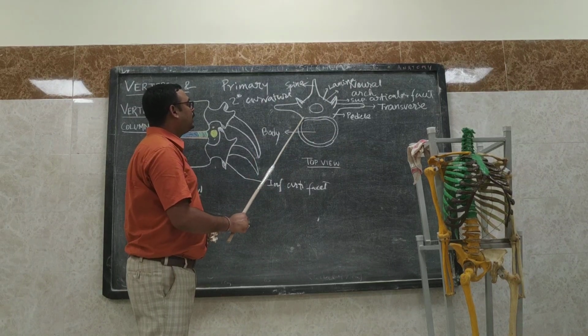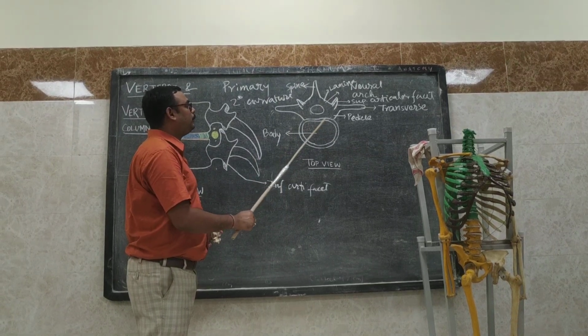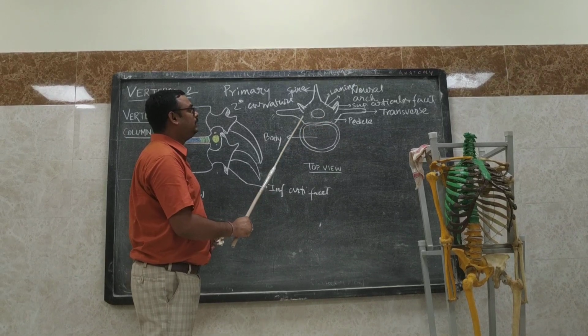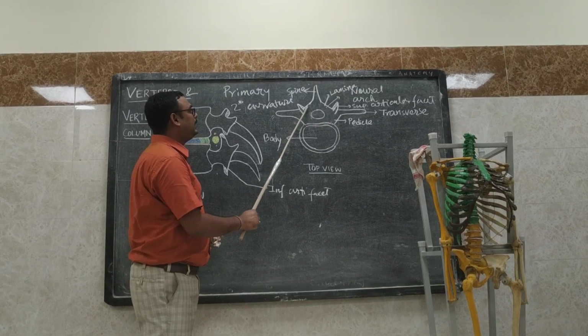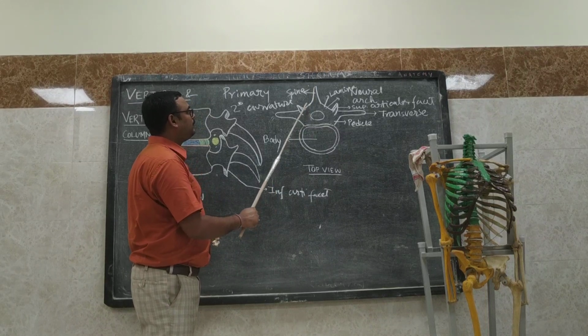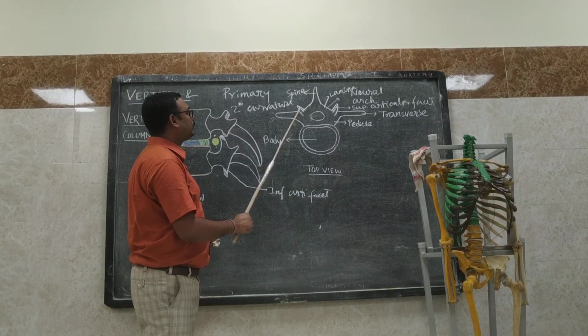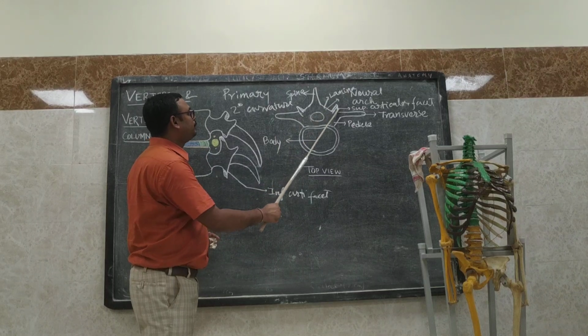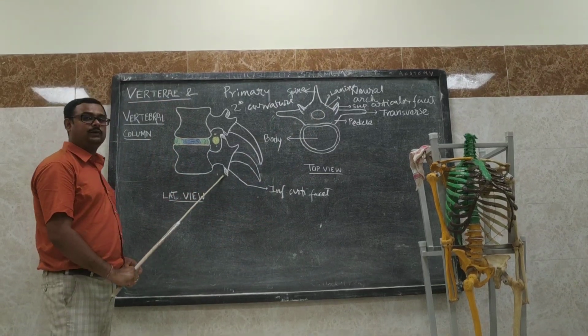Now the neural arch begins from the posterolateral aspect of the body, starting with the pedicle, then lamina, then spine. Now at the junction of lamina and pedicle, there will be some processes like the transverse process, superior articular facet, and inferior articular facets.